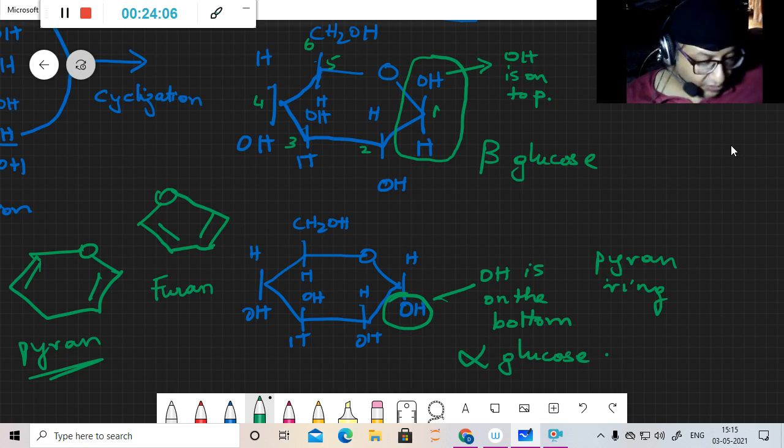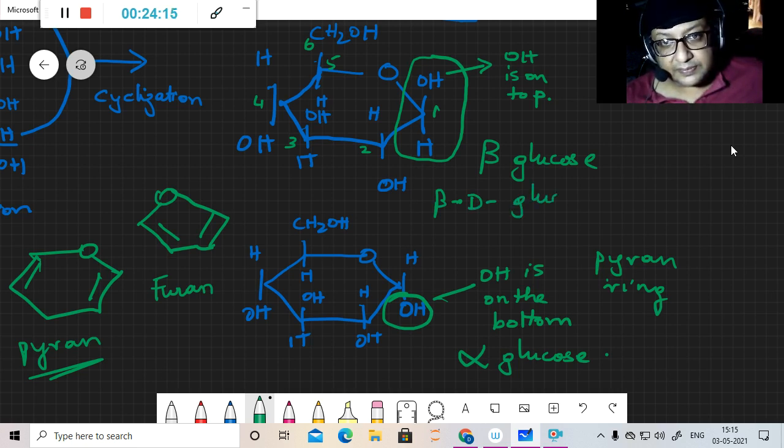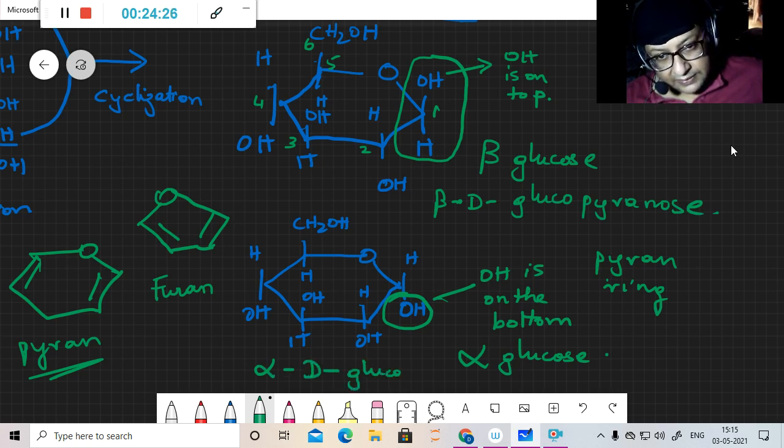And so this glucose is also known as beta-D-glucopyranose, and this structure is also known as alpha-D-glucopyranose.